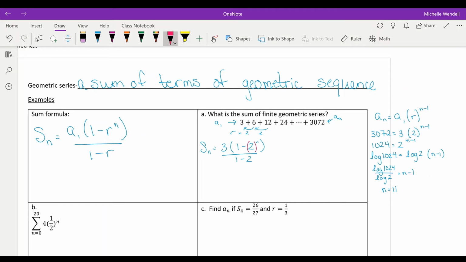It's 2 to the 11th, and then you subtract all of that from 1. So make sure you use extra parentheses where you need them, or punch it in one by one. Do 2 to the 11th, and then do 1 minus that, and then multiply that by 3, and then divide. So if you do all that correctly, then you should get a sum of 6141.